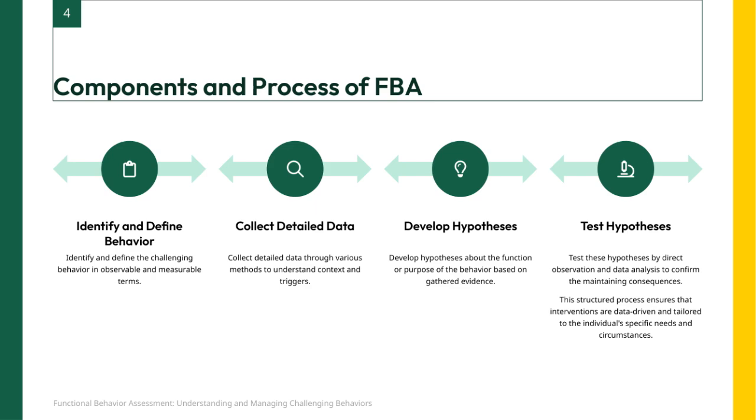Then, we test these hypotheses through direct observation and data analysis to confirm what consequences are maintaining the behavior. This structured process is essential because it allows us to create interventions that are both data-driven and specifically tailored to the individual's unique needs and circumstances.